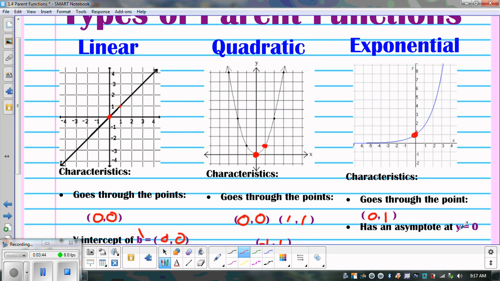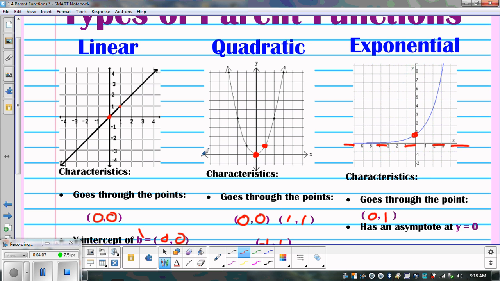Now, the asymptote is a really important concept here. It occurs where y equals 0. So if you imagine this imaginary line right here, where y equals 0, we're cutting through the y line at 0. Notice my graph, as it comes down this way, it's approaching that y equals 0 line, but it will never ever touch. It'll keep getting closer and closer, but it will never cross down below.